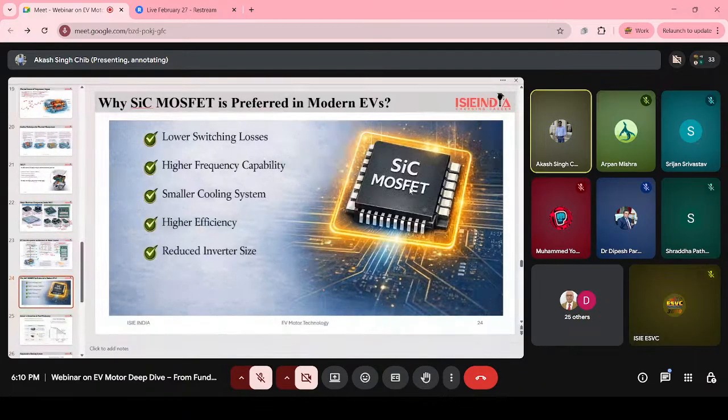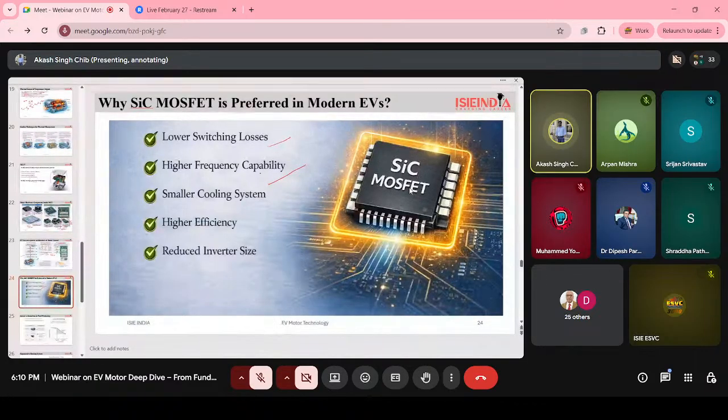Okay. And this is our SiC, silicon carbide MOSFET. You can see how it looks. And what it does is lower switching losses, which helps increase the higher frequency capability.